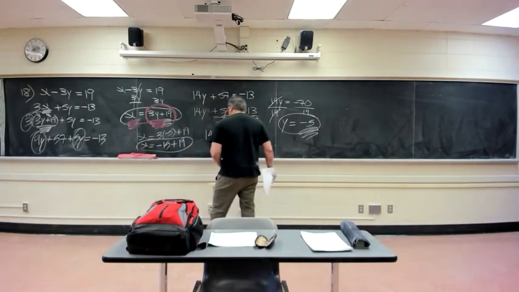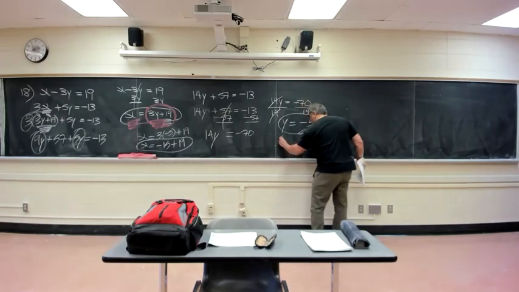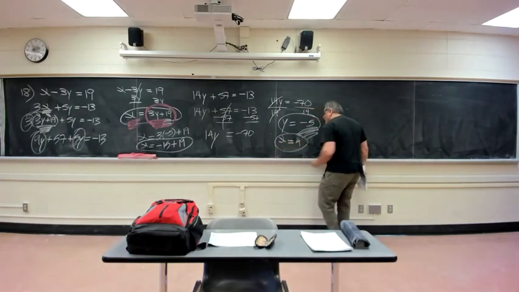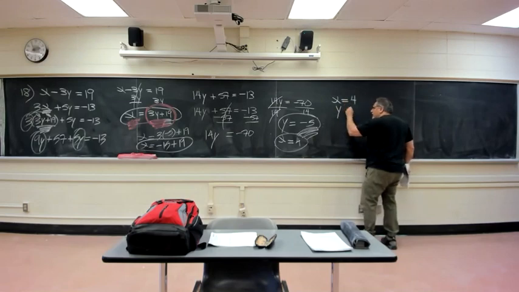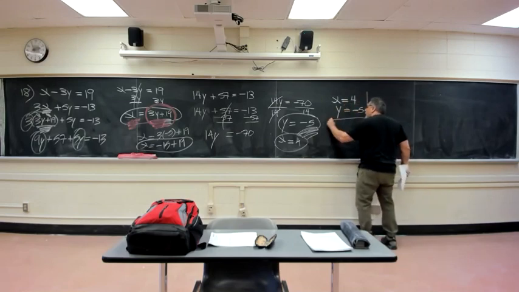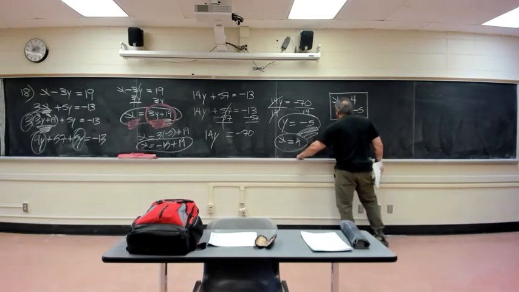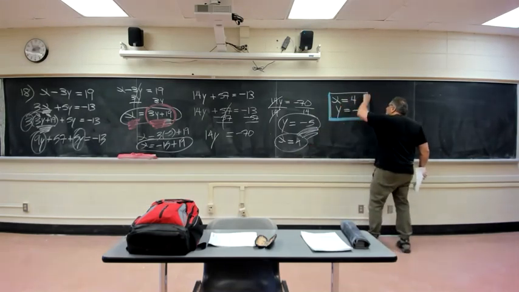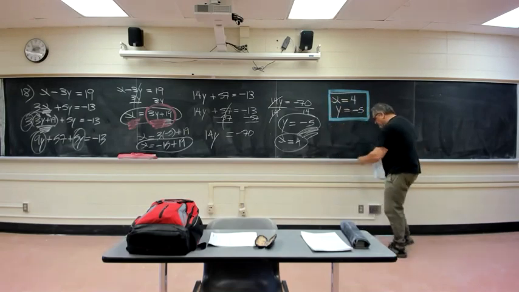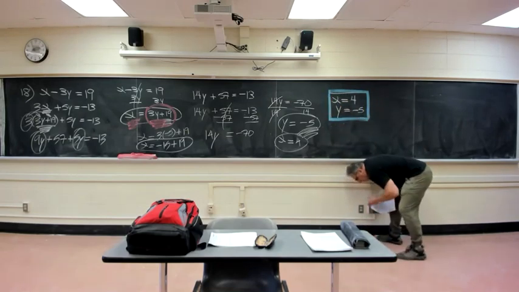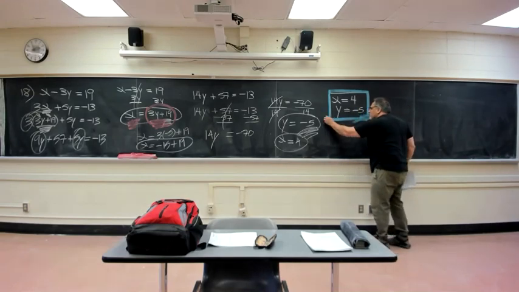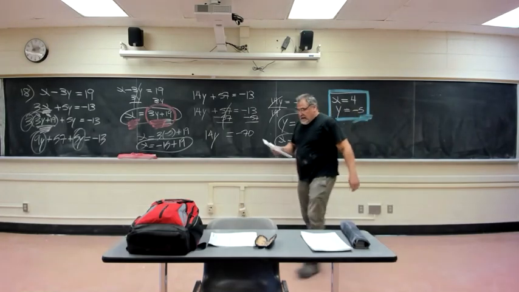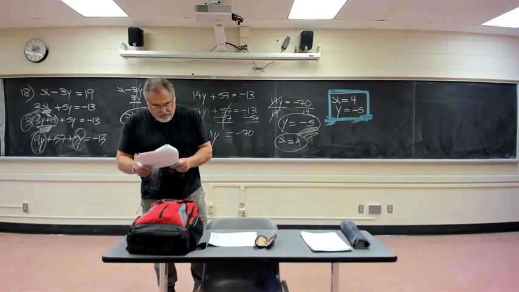Negative 15 and positive 19 is 4. x equals 4. y equals negative 5. And that's it. You've now solved 2 equations and 2 unknowns.